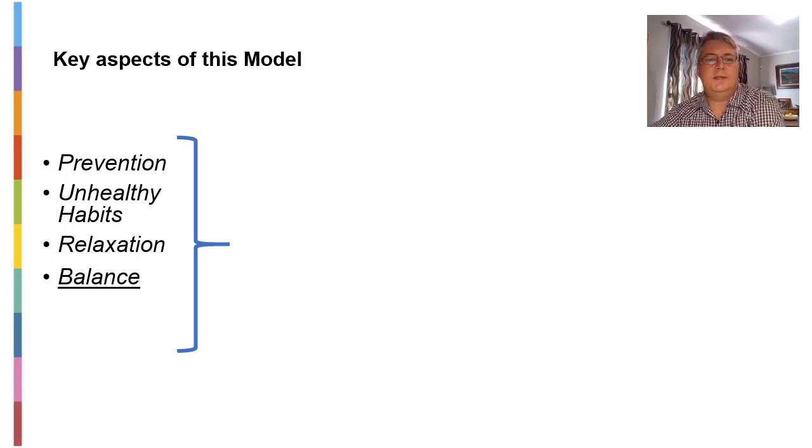The focus really is on prevention, to prevent people from disease or unhealthy patterns of living to begin with. And so it's also about unhealthy habits versus healthy habits. It's about relaxation and balance being the key aspect in this model.